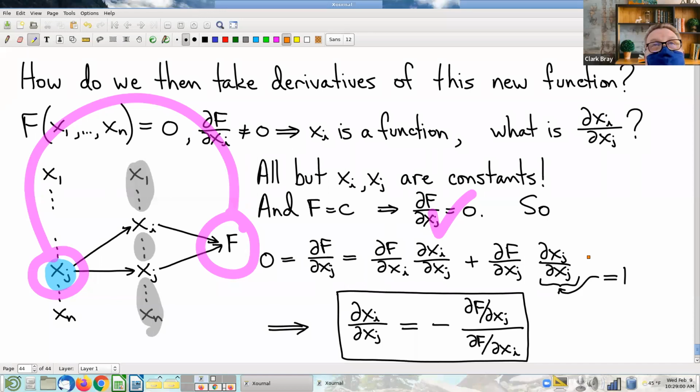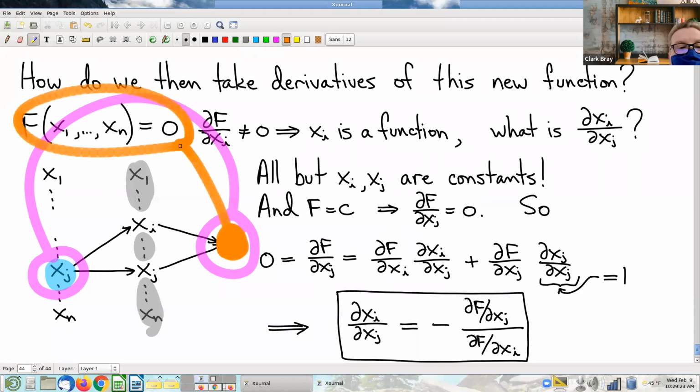Yes. The part where you said df over delta xj has to be 0. Can you re-explain that? Yeah. Well, so the idea is that this function, f, is 0, right?